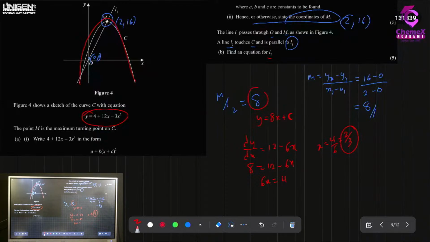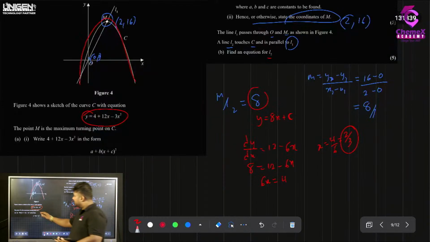Do you need x actually? What is the question about? Find the equation of L2. We got the x value when the gradient is 8. Okay, that's fine. We found it now. So we found the x value when the gradient is 8. Now what is the y value there?